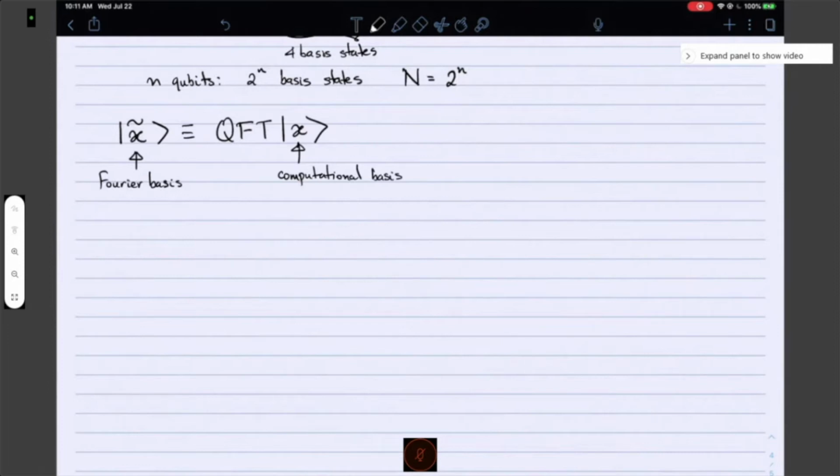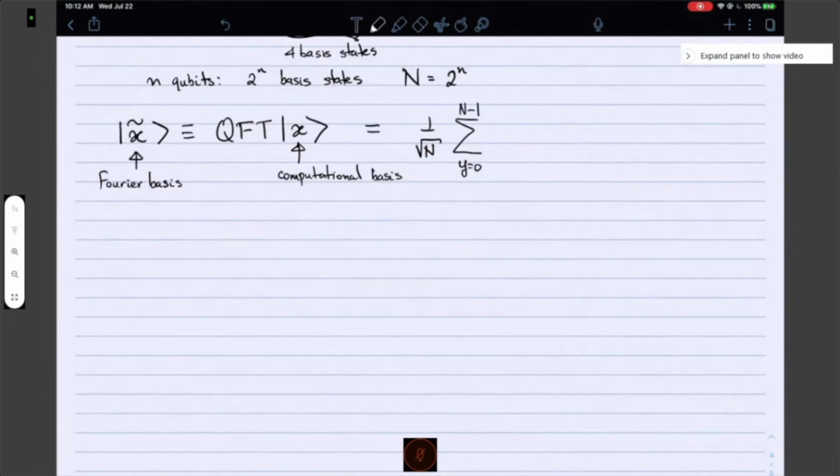All right, what does this do? For those of you who are maybe electrical engineers, have done some sort of signal processing, that sort of thing, the quantum Fourier transform is exactly the inverse discrete Fourier transform that you've seen classically. So the expression for it looks something like this. So you have a normalization coefficient here, 1 over square root of N. And then you have y going from 0 to N minus 1.